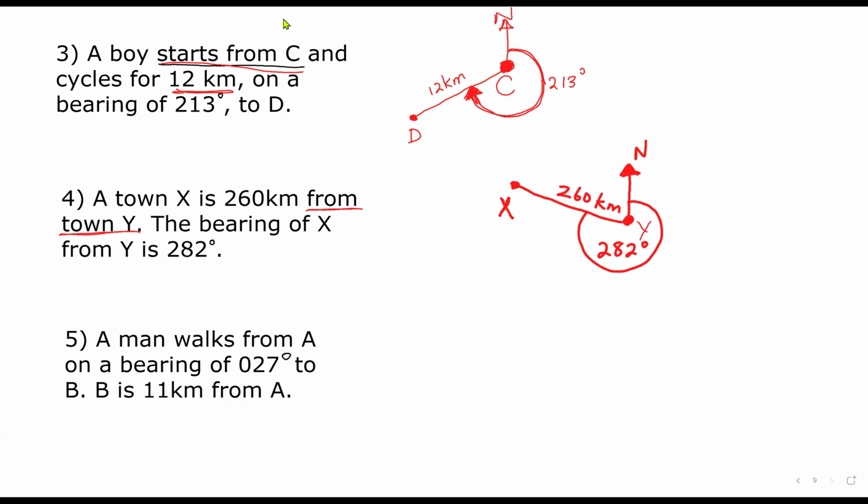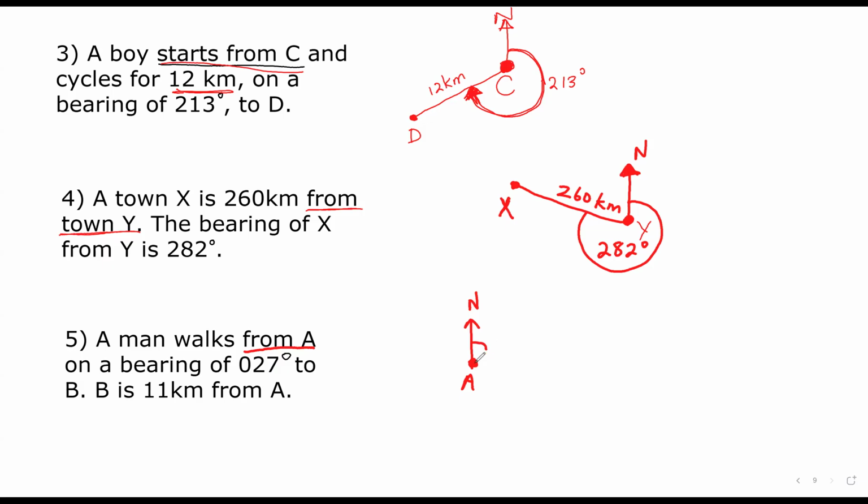The next one says a man walks from A. If he is from A, that means A is my starting point. So let's say here is A. I'm going to put my north line at A, because you always put your north line at your starting point. So this is my north line. It says from A on a bearing of 27 degrees to B, so you'll be opening from here. 27 degrees might just be right there, or even less than that.